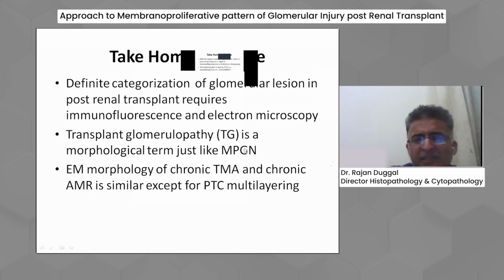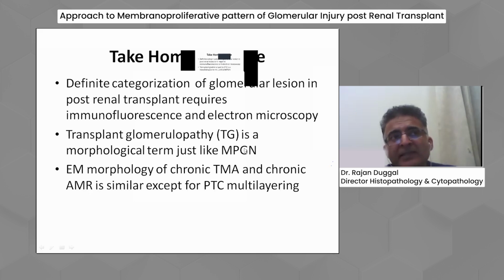For C4D staining, which is better, IHC or IF? I'm using immunofluorescence. I do both; I use both methodologies. I feel immunofluorescence is better, but even if you're using IHC, that is fine. If on IF I get some doubt, I do IHC. If on IHC I get some doubt, I do IF. But my protocol is I do IF first, since I get a separate core.